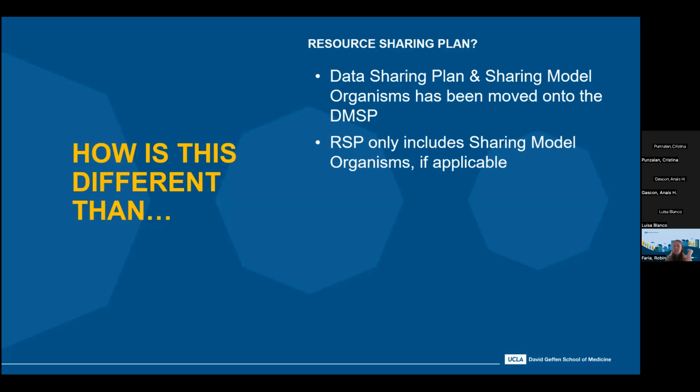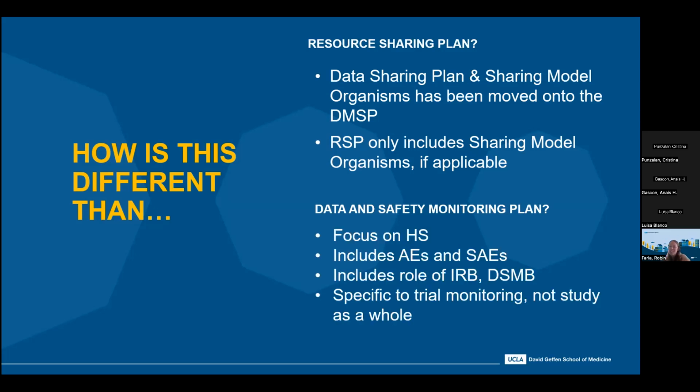If you have a human subject component, likely you're also going to have to fill out a separate data and safety monitoring plan, which is, again, a third separate plan. How this is different than the data management and sharing plan is that the data and safety monitoring plan focuses on the human subjects themselves and their data.